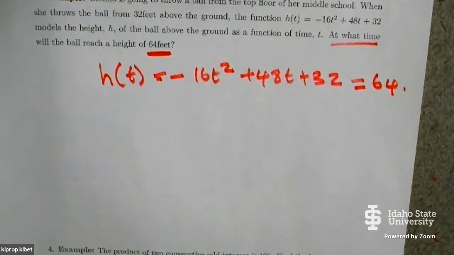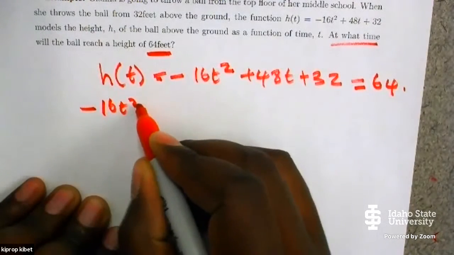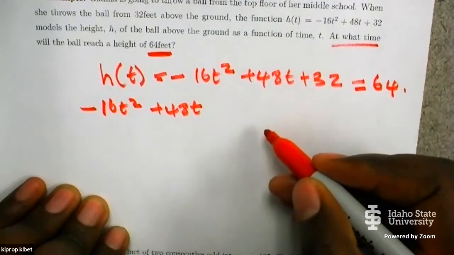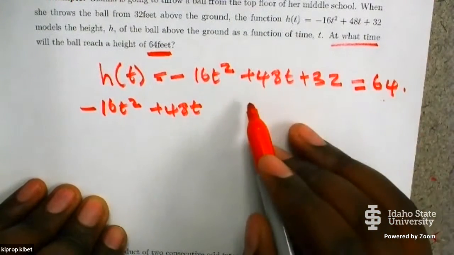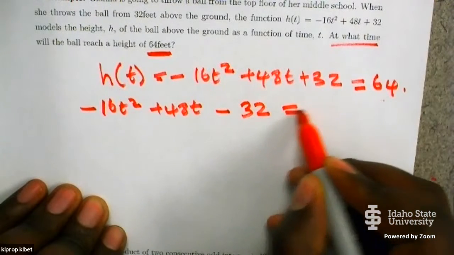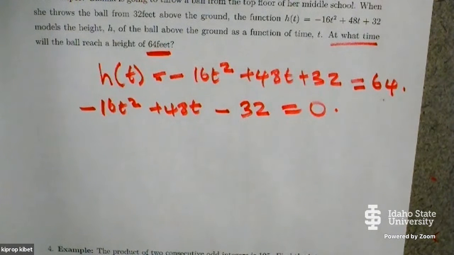So what do you do there? You say minus 16t squared plus 48t. You now bring the 64 to this side, so it will be minus 32 equals 0, right?